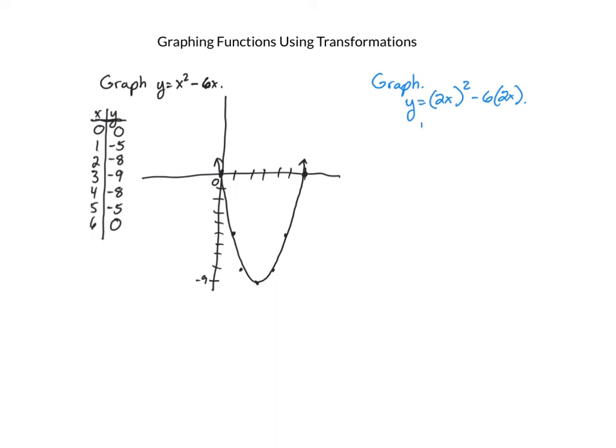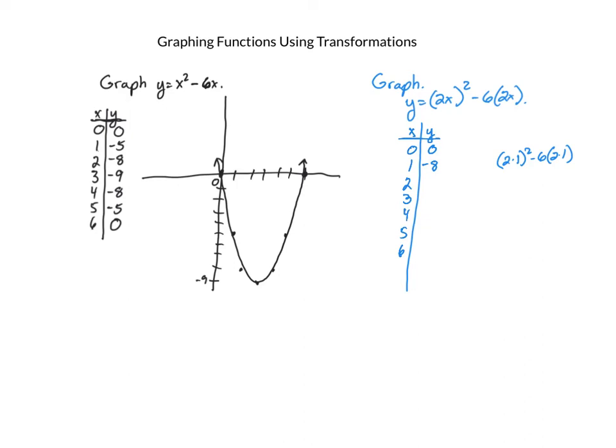So here we go. Let's plot points. I'm going to still stick with 0, 1, 2, 3, 4, 5, and 6. 0 will still give me 0. 1, if you pop 1 into that function, notice you'll have 2 times 1 squared minus 6 times 2 times 1. So there's the arithmetic. So we have 4 minus 12, or negative 8.